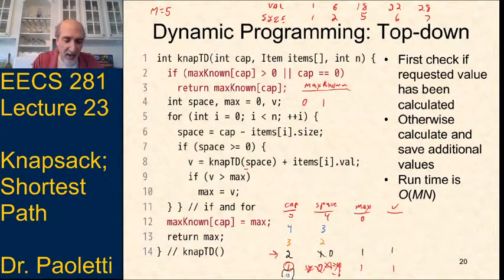So the recursive call to size 0 returns 0, plus the value of this item is 6. Is this better than the best so far? Yes, it is. So now I've got a best value here of 6.